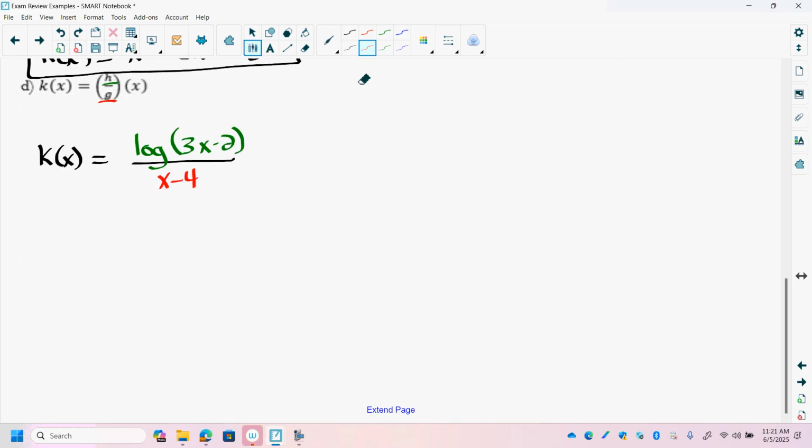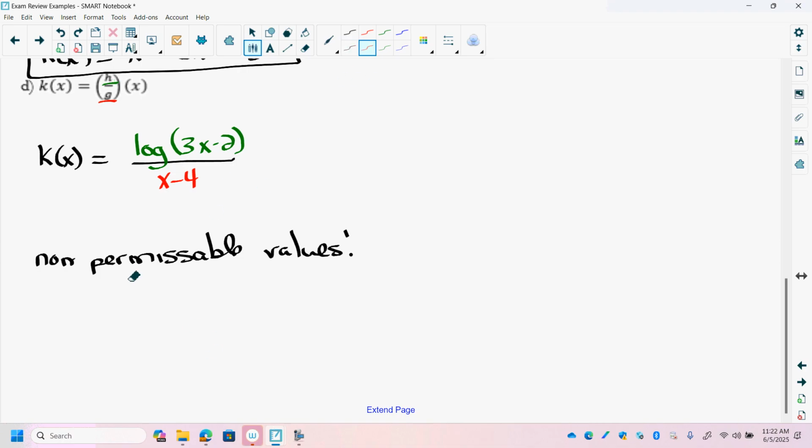Consider the non-permissible values. How do I figure out the non-permissible values? What can I not divide by? Anyone? Mathematically illegal to divide by 0.